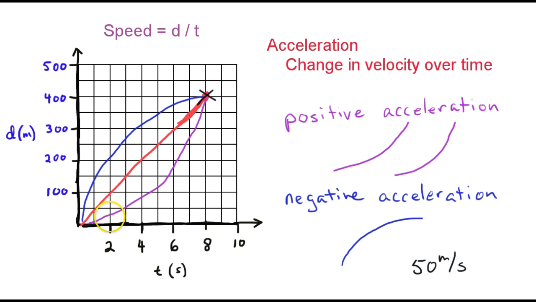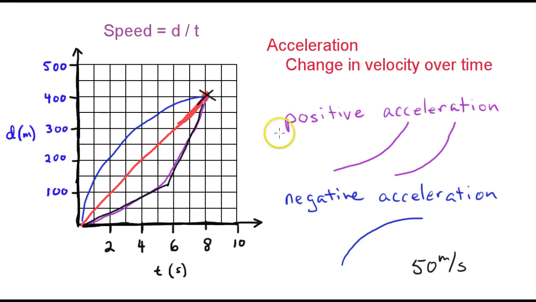But the way the purple got there, it went slow and then sped up, just like the lines that we showed before. Those two lines started off slower and then sped up.